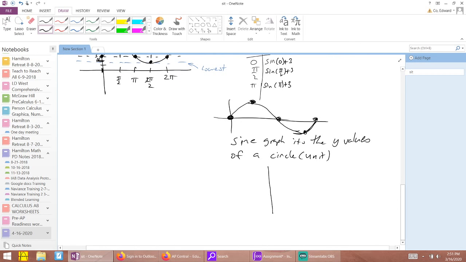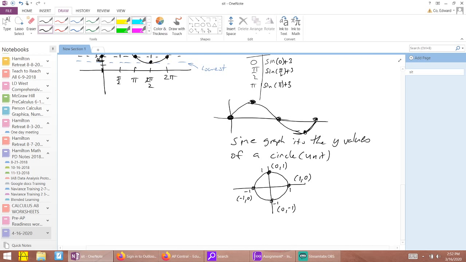So if you look here, if this was a unit circle of 1, 1, -1, -1, this point here would be considered 1, 0. This here would be 0, 1. This one here would be -1, 0. This one here would be 0, -1.